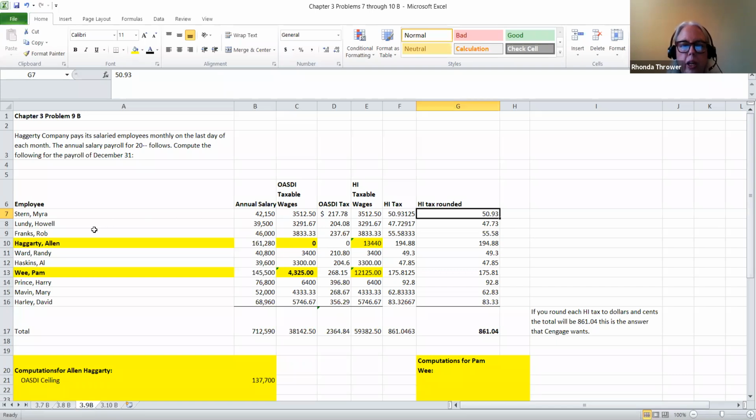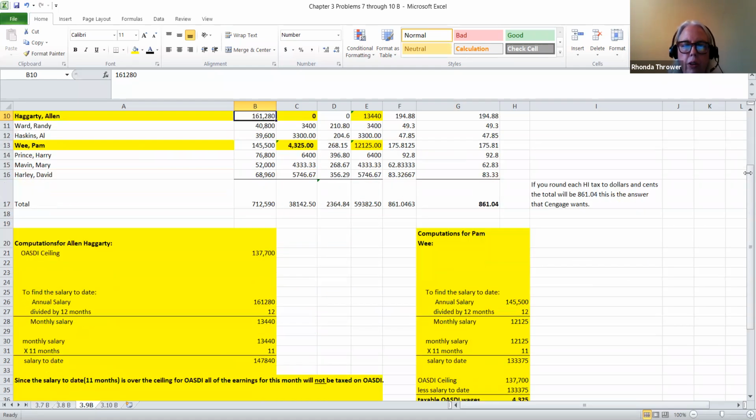So I'm going to go ahead and show you what would happen to Alan Haggerty because his annual wages are above the ceiling for OASDI. The ceiling for OASDI is $137,700.